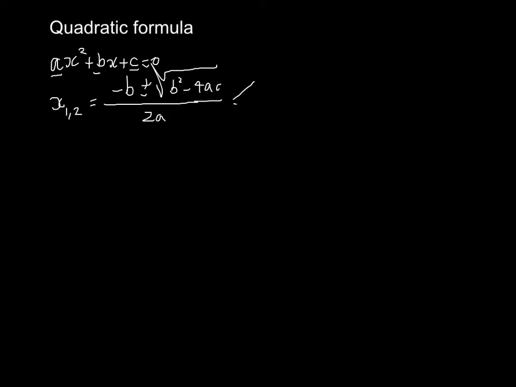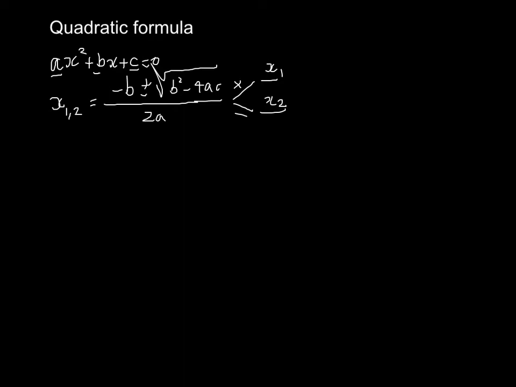The two roots are because of the plus or minus sign. Plus gives you one root, we can call it x1, and minus gives us the second root, which we call x2.